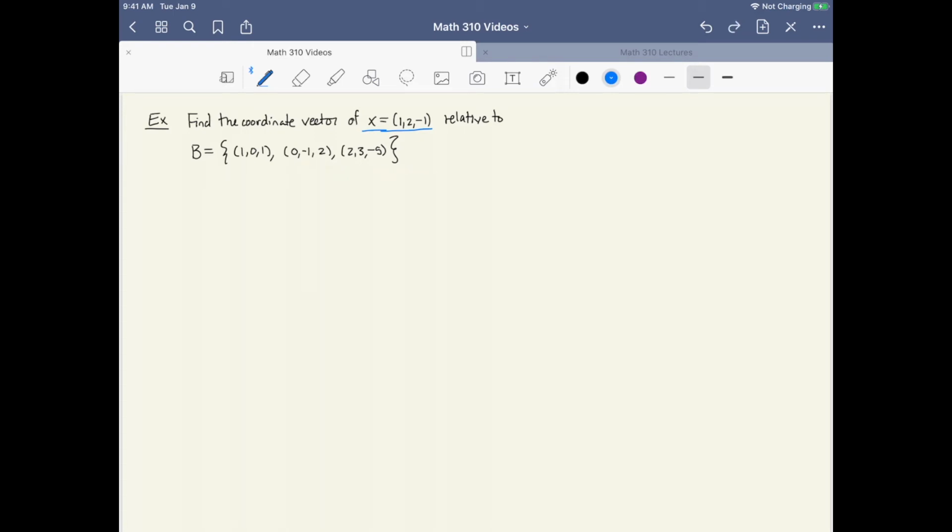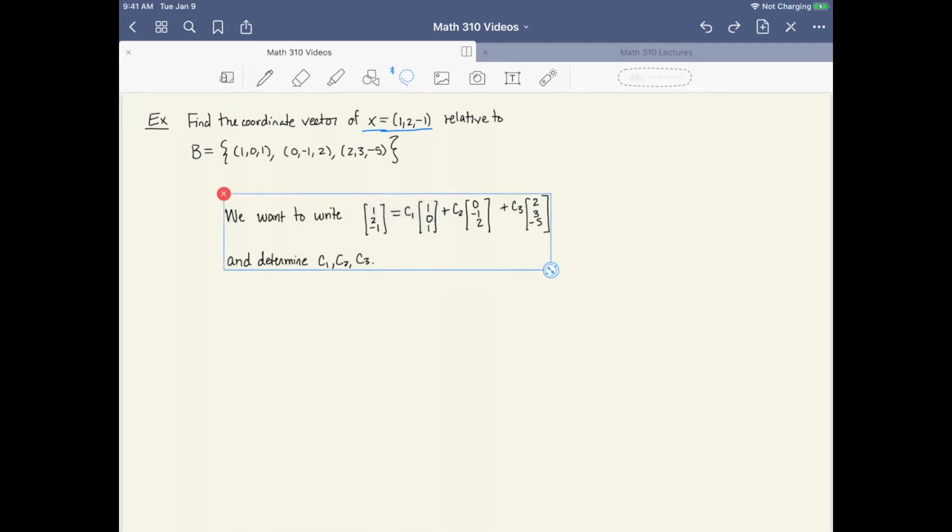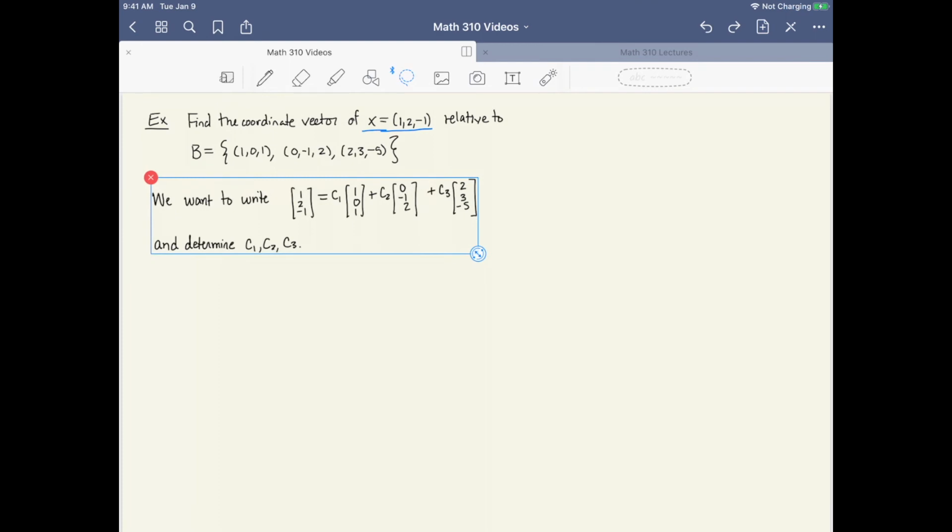Well, how would we go about doing this? You're going to be pleased to see that this is the same kind of problem we always solve. Let's think about what we're trying to solve with a formula. We want to be able to find scalars c1, c2, and c3, so that if we write a scalar times the first basis vector out of that basis, plus a scalar times the second basis vector, plus a scalar times the third basis vector, it gives us the expression (1, 2, -1).